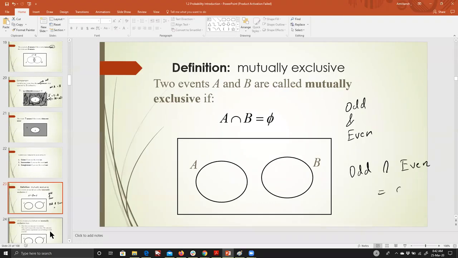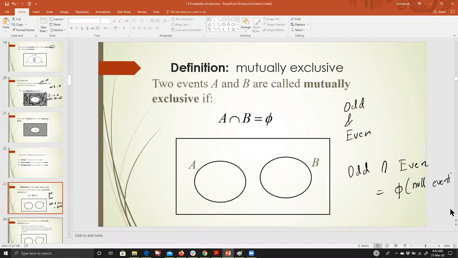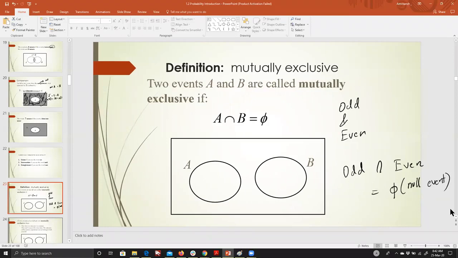Obviously phi, a null event. So such events are called mutually exclusive.